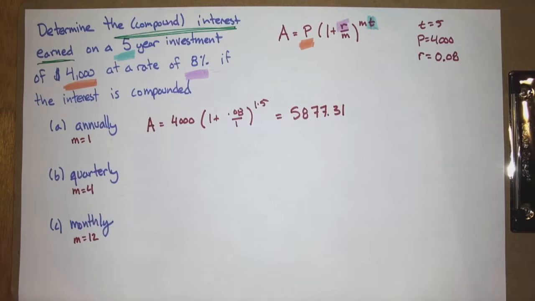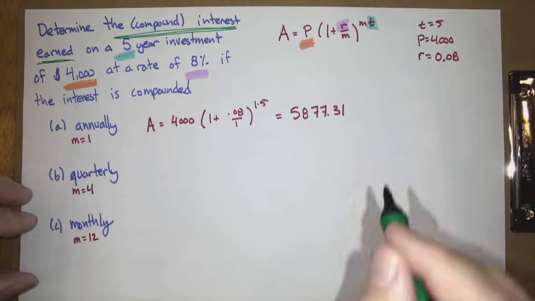It says what interest did you get? Now, this $5,877.31 is not just the interest. What does it also include? It includes the initial investment. So if I want to figure out how much interest I made, what do I need to do to this? Subtract off the 4,000.